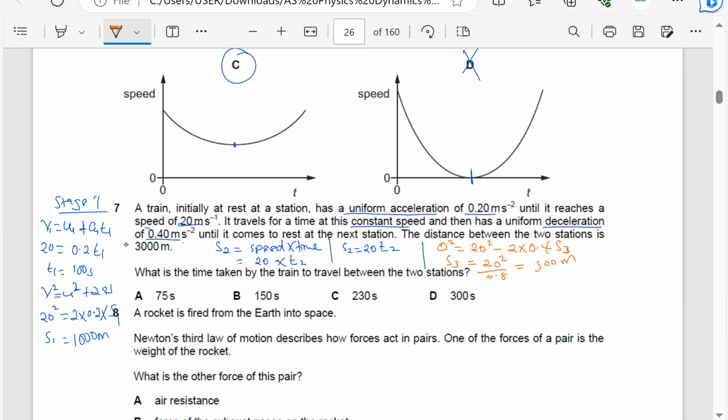Remember, the total distance is 3000 meters. For stage 1, the distance is 1000. Stage 2 is 20 times T2. Stage 3 is 500 meters.